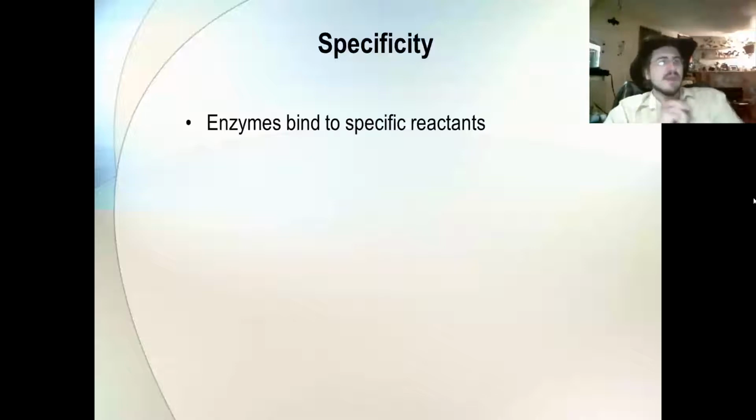Well, part of the enzyme's bending and coiling into a specific shape involves the active site being bent and coiled into a very specific shape. And that shape binds to the reactants in the chemical reaction it catalyzes.